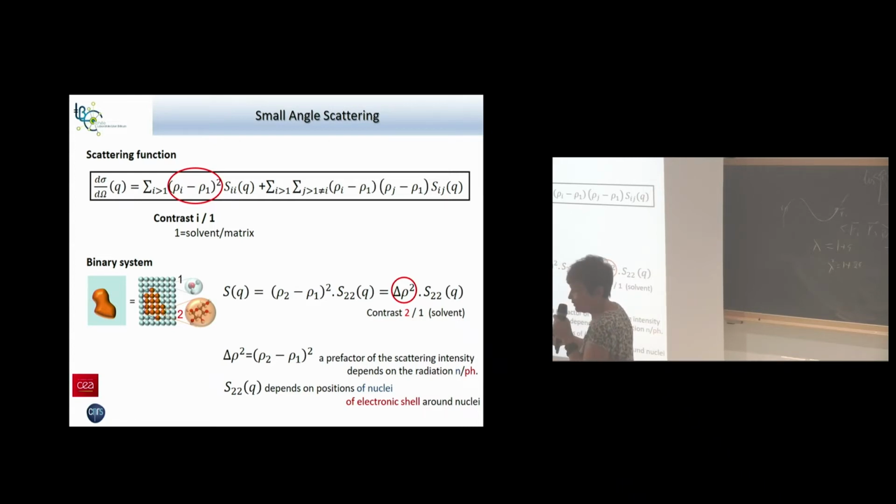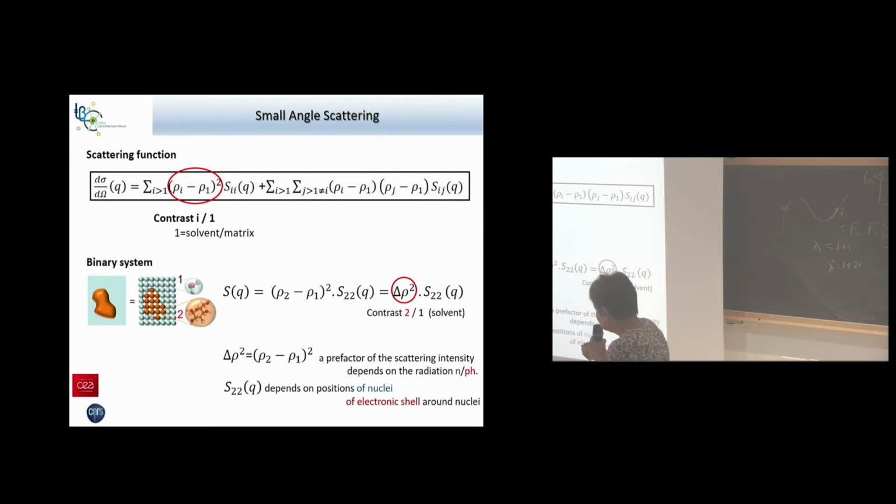So if now you have a binary system, the scattering function has only one unknown function, which is the fluctuation of component number 2, and the prefactor is simply the square of the difference between the scattering length density of species number 2 minus the one of the solvent or of the matrix.